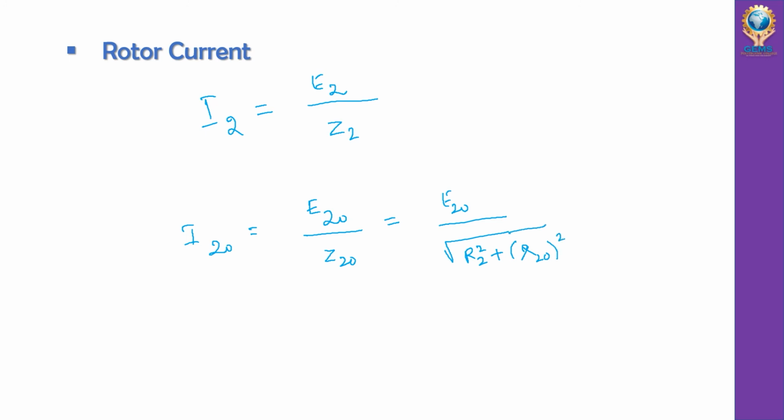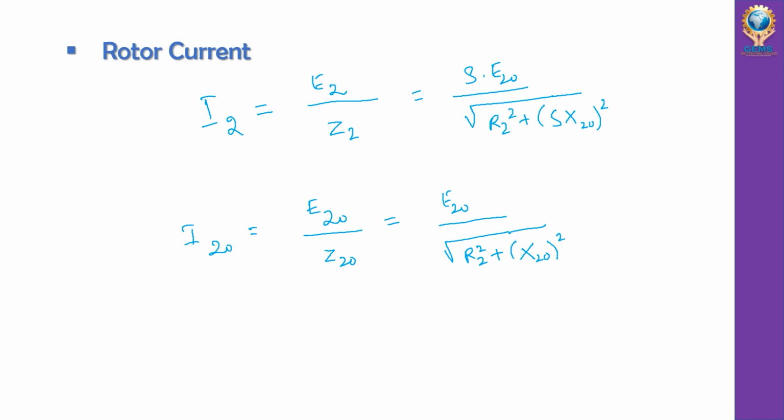If you apply here, we know that E2 equal to s into E20 divided by Z2, and Z2 value we also know: root of R2 square plus (s into X20) square. Okay, this is the rotor current value.